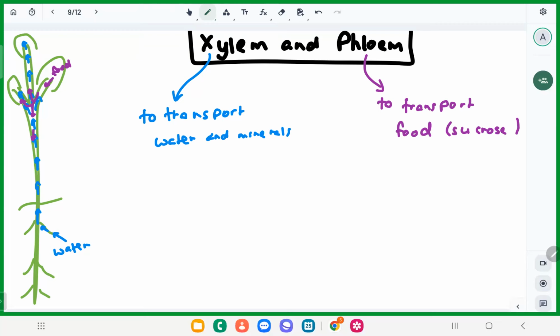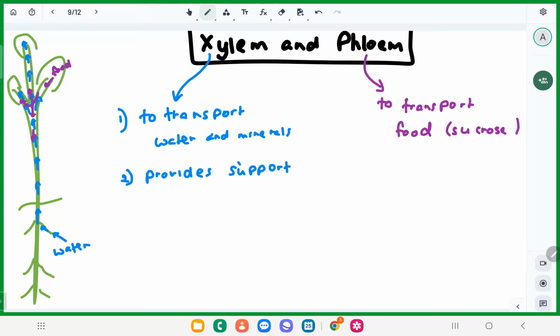All right. So these are the differences between the xylem and the phloem tissue. There are two different tissues in a plant. The xylem tissue's function is to transport water and minerals, and the phloem tissue's function is to transport food, or sucrose. This is the first primary function of the xylem tissue. But in addition to this, the xylem tissue is also very strong, so it provides support to the plant.